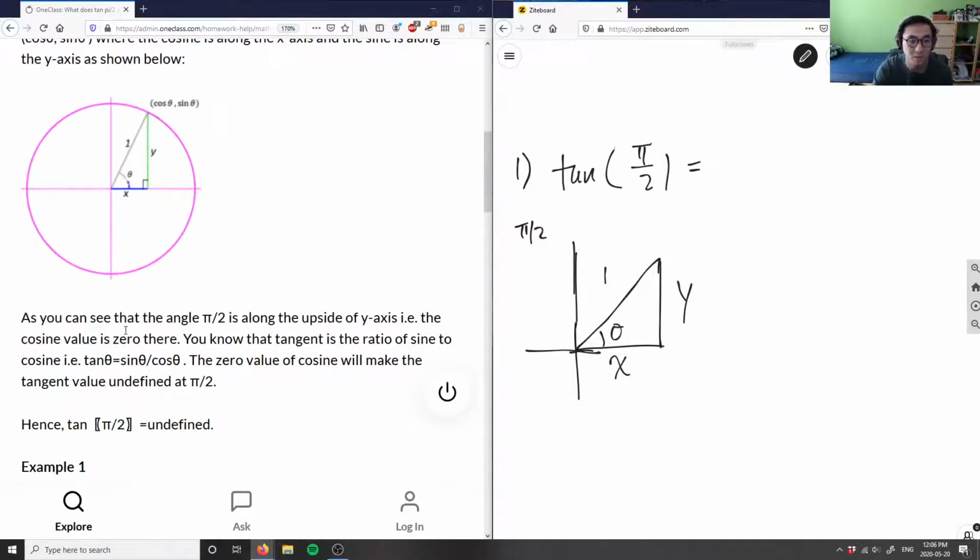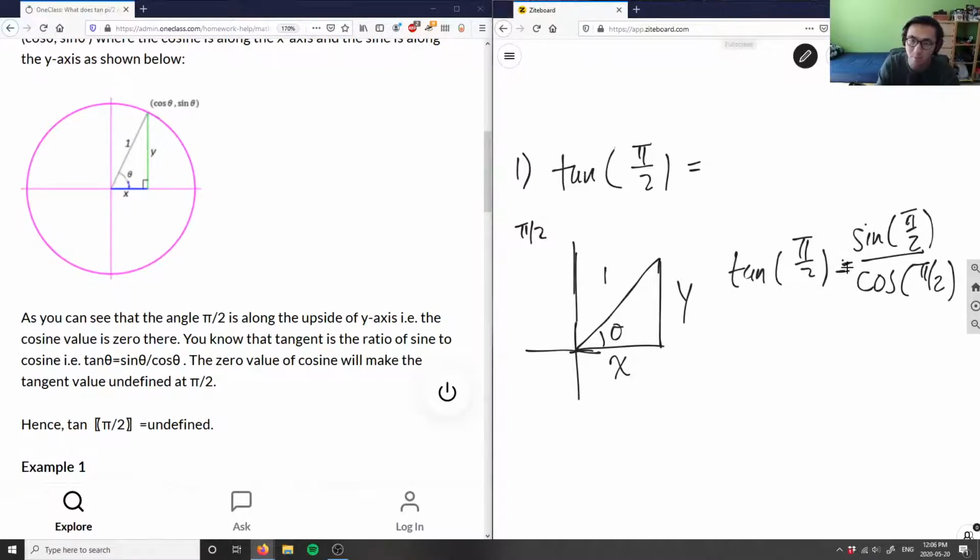The cosine value is 0 there, and you know that tangent is the ratio of sine to cosine. So tangent pi over 2 is simply sine pi over 2 divided by cosine pi over 2. This is a simple quotient identity that we should know by now in trigonometry: tangent is simply sine over cosine.